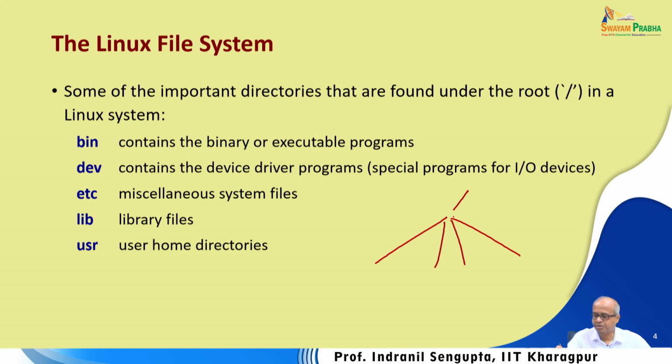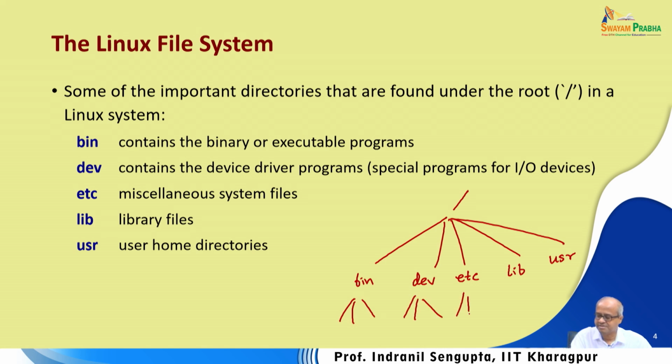Some of the very commonly used folders are bin, these are shown, dev, etc, lib and usr. Under this there may be more folders and subfolders. Okay? But what is the main purpose of these 5? These are very important ones. There are many more.